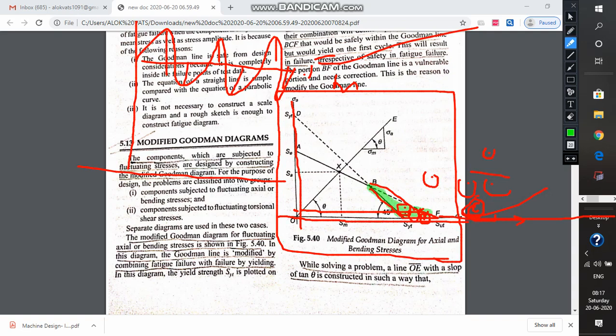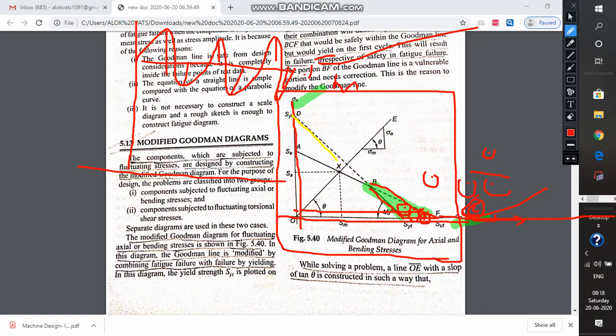If the state of stresses, that is sigma a and sigma m, lies in this green region, then of course it will be a state of failure from the point of view of the yield strength criteria, because it is lying outside the line joining the SYT.